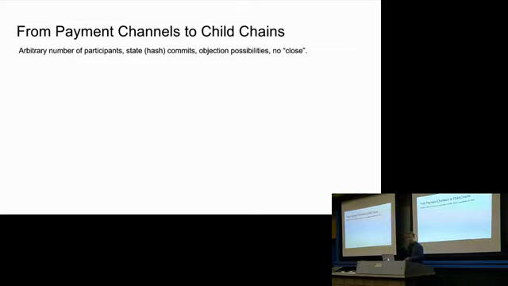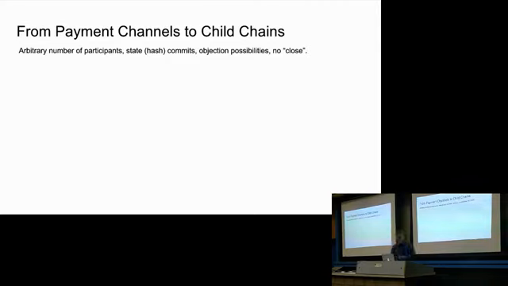These child chains are very similar to payment channels. The difference is that they run a full blockchain protocol instead of just this single payment channel. And you usually do not close them, but instead, at regular intervals, you just post the current state of the chain into the main chain.